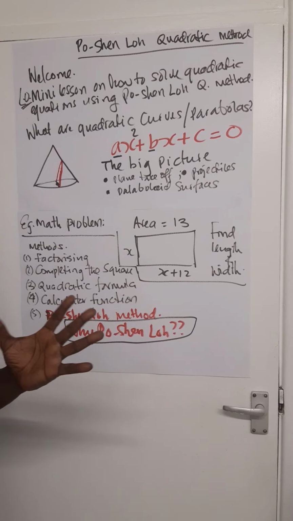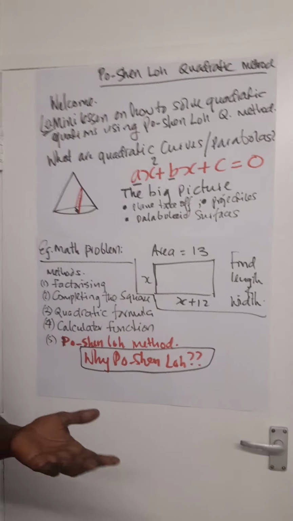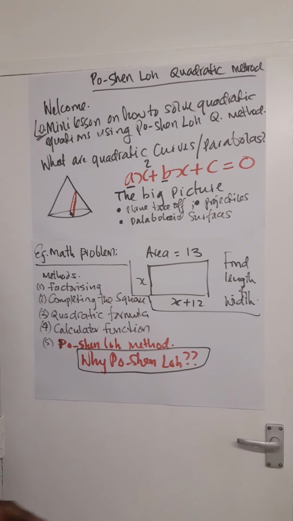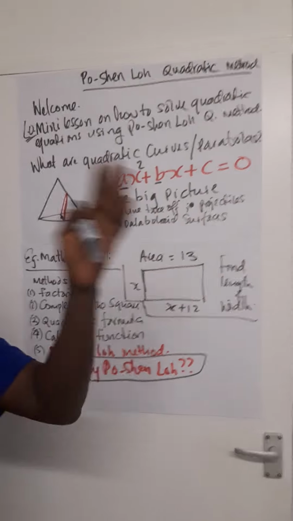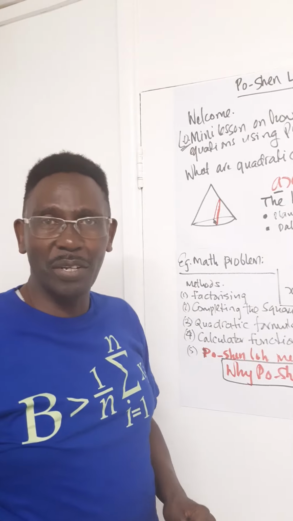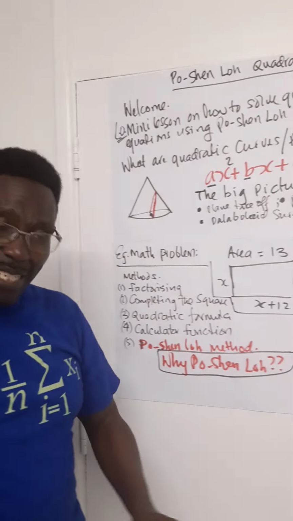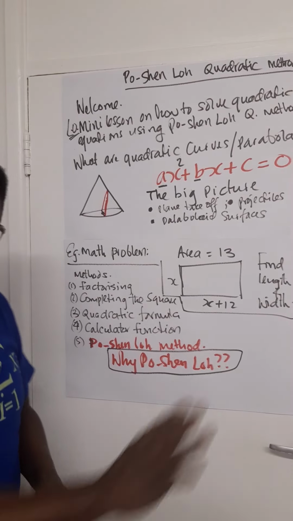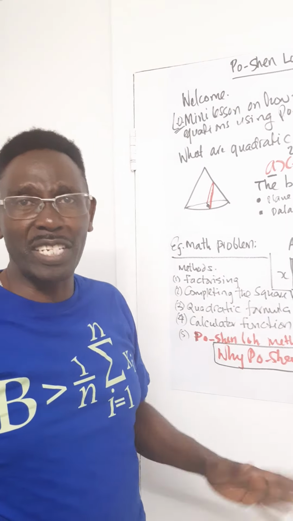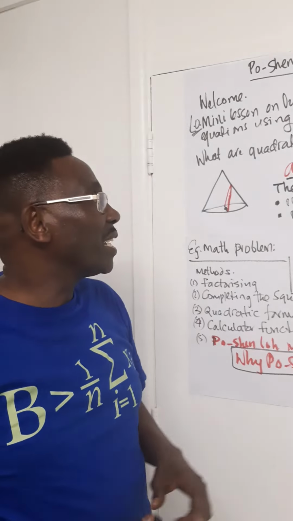Now, the big picture is, where do we use these quadratic curves or parabolas? One of them is in projectiles, for example when you hit a golf ball, or missiles, or even a plane taking off. That motion, the velocity, the mass, and all that can be calculated using a quadratic function.